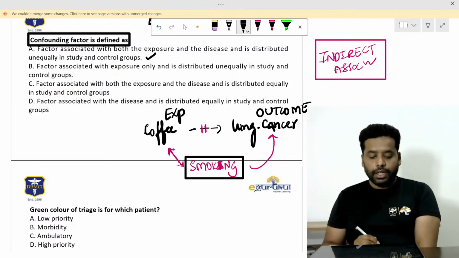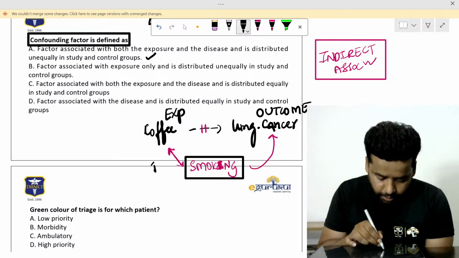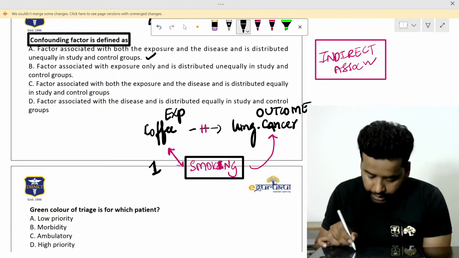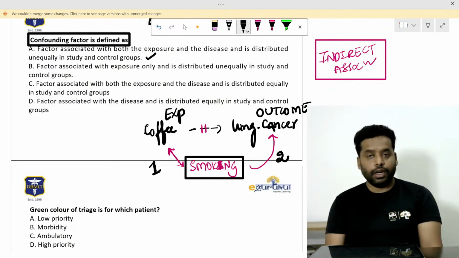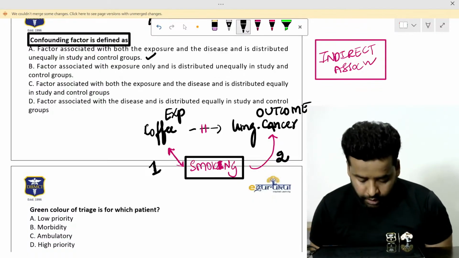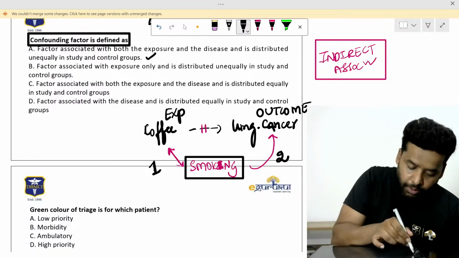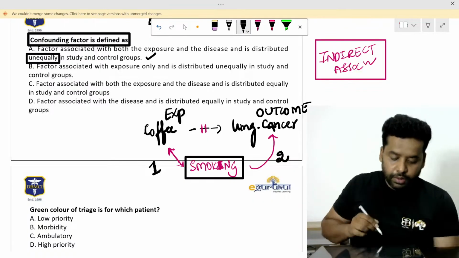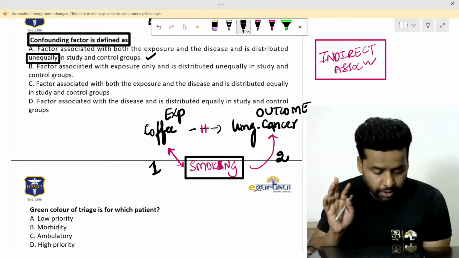Repeat my words: it is associated with exposure and is an independent risk factor for the outcome. It is distributed unequally between the two groups. Then it will cause a distorted association.